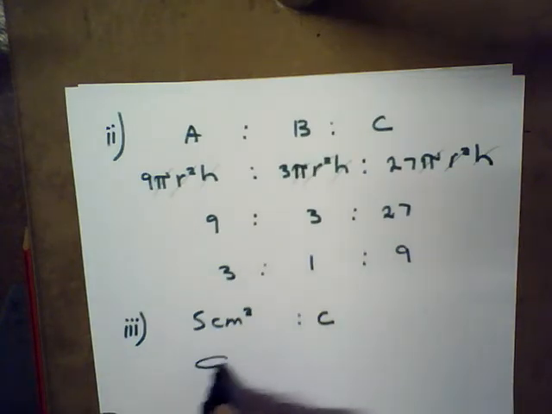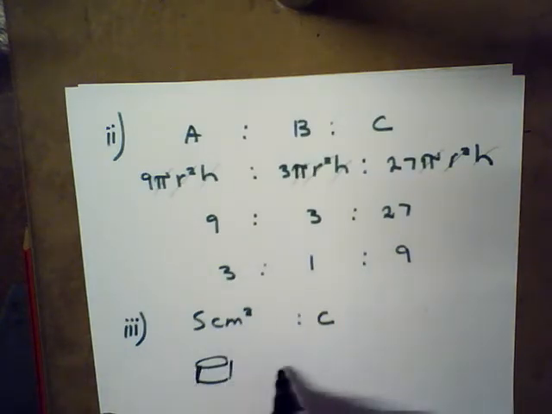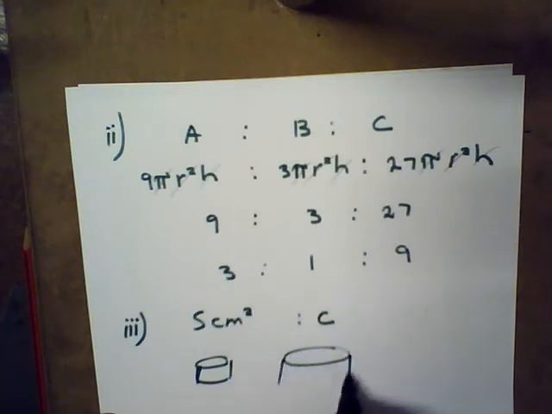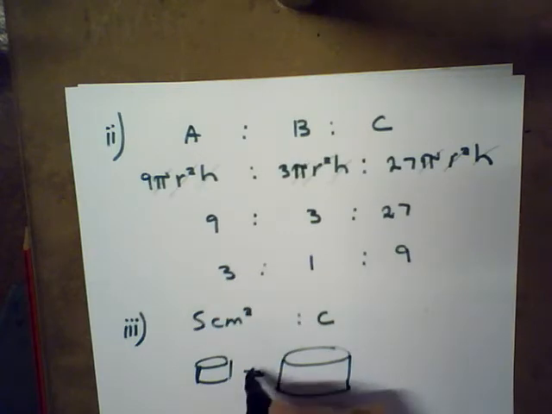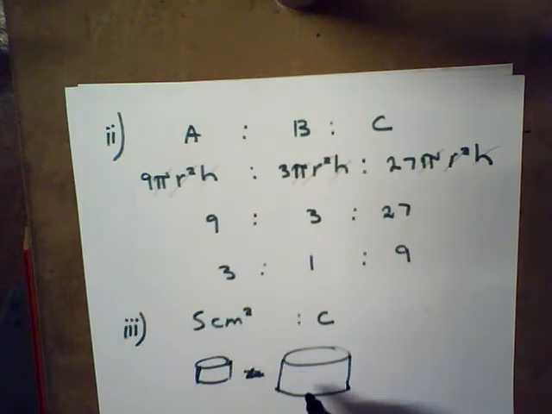So remember, if I have a smaller one and I enlarge it, that's called a similar pot. It's not equal to the other one, actually. They are similar. Similar is just an enlargement of the other one. So C would be that larger one.